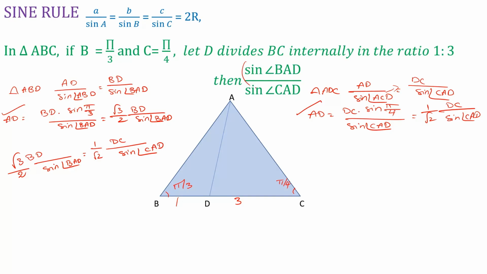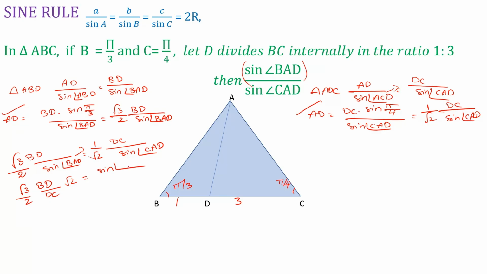Here we need to find angle BAD upon CAD. We just have to arrange this. We'll have root 3 upon 2 BD, take the sines to the other side and take DC here, so upon DC, and then root 2 to the other side.